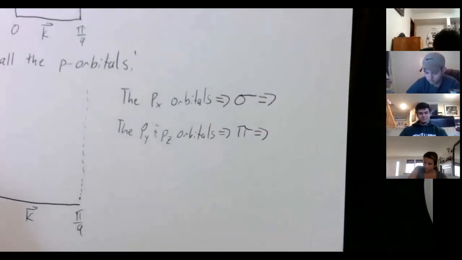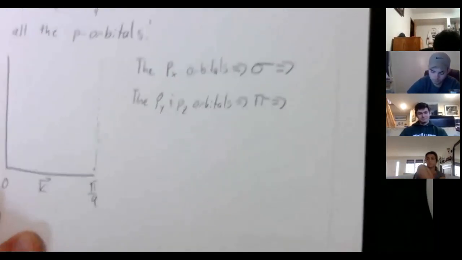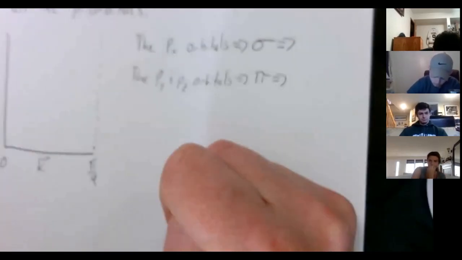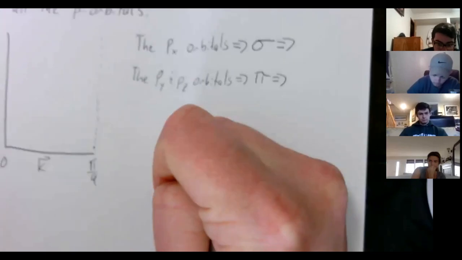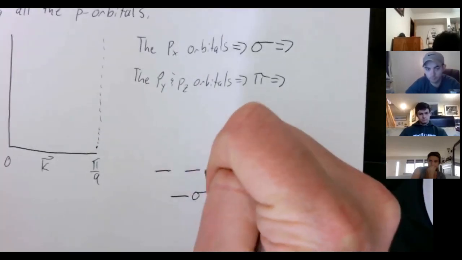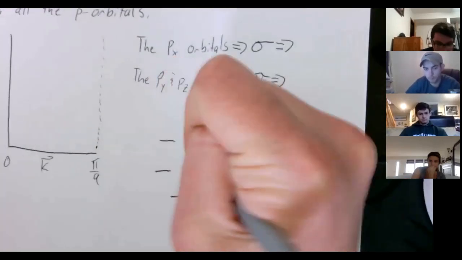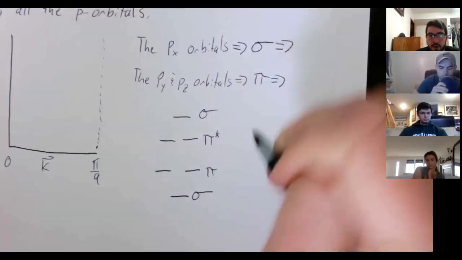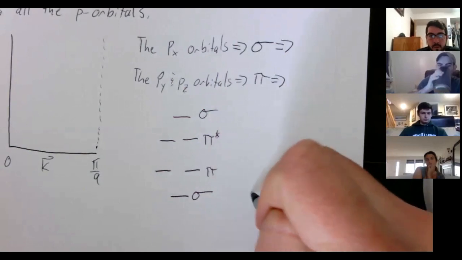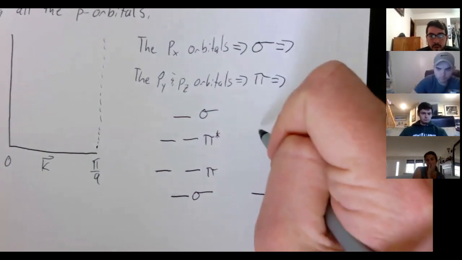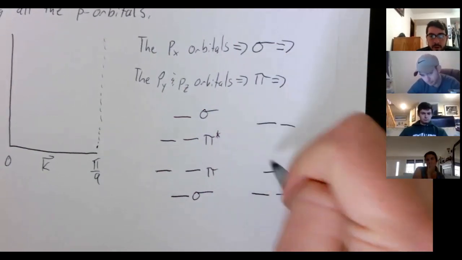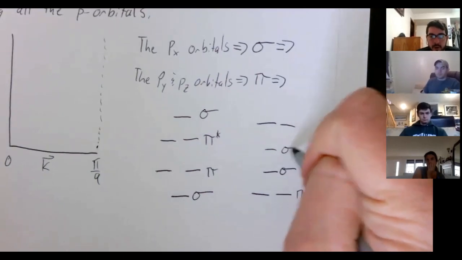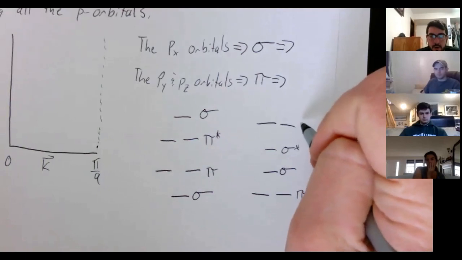Or if we were thinking about a classical MO diagram, you have a sigma... So the sigma would be bigger, so p_x. Tara, you're right.